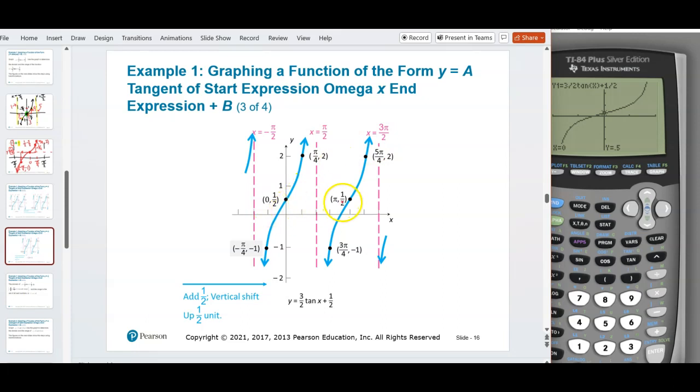Adding pi to 0 gets me pi. Adding pi to pi over 4 gets me 5 pi over 4. So you can see this is just a carbon copy of what was in between these two asymptotes, and we could keep that going forever. If you want to go from one point to the next, you just add pi, and you can keep on making more and more copies of these.